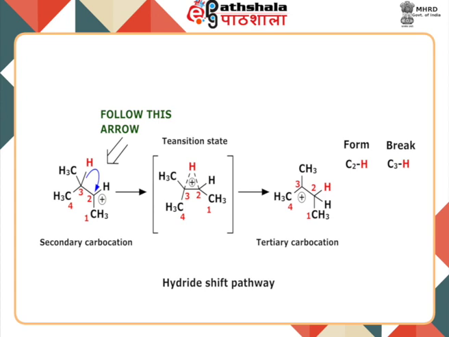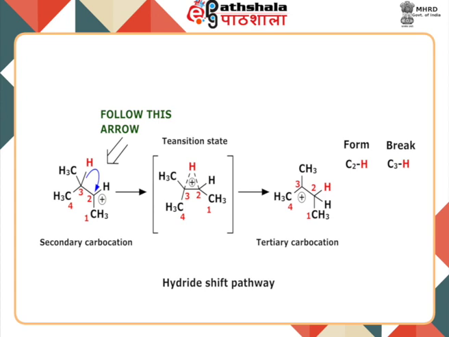as this hydrogen is attracted to this carbocation, there will be this transition state which is developed, and now this hydrogen has two routes. Either it goes back, in that case it is leading to a secondary carbocation, but if it moves further to the C2 carbon, then obviously it is giving you a more stable tertiary carbocation.